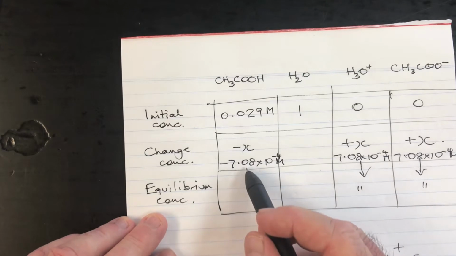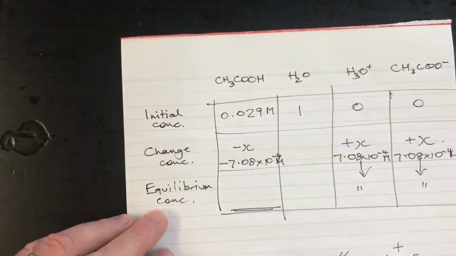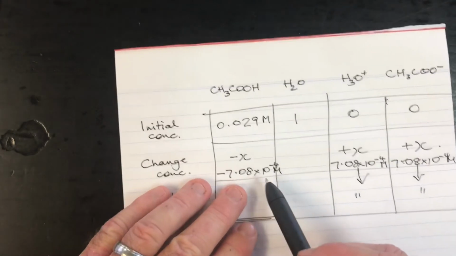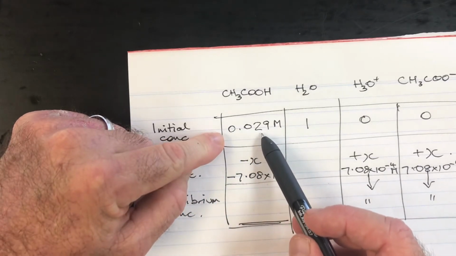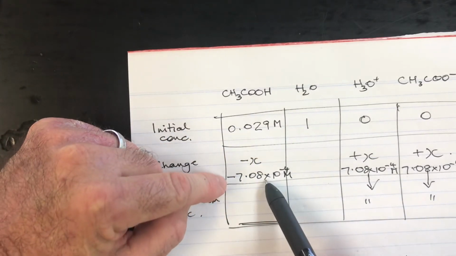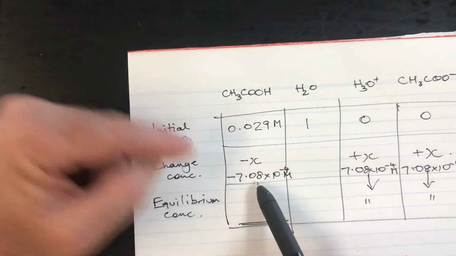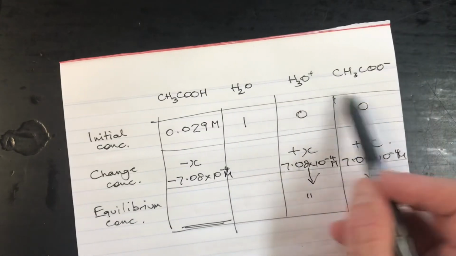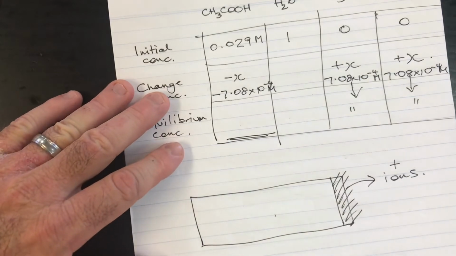Now we just got to work out what our equilibrium concentration is for the ethanoic acid. So let's check that out. Can you see that it's simply this? It's the original concentration minus the concentration that was lost by the fact that it dissociated into these two ions. Hope you can see that. So let's just do that quickly now.